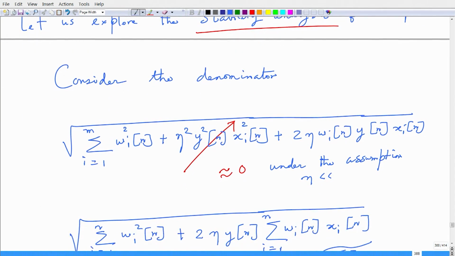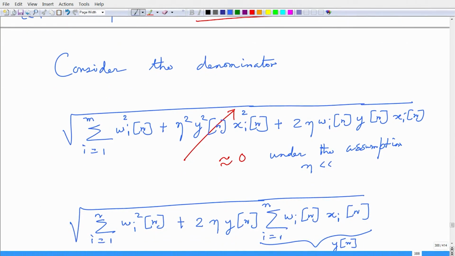Now, under the assumption that eta is a small quantity, I ignore higher powers of eta, keeping only the linear term in eta, right. I can ignore eta square y square n xi square n under the assumption that eta is small, ignoring the second order and higher terms.